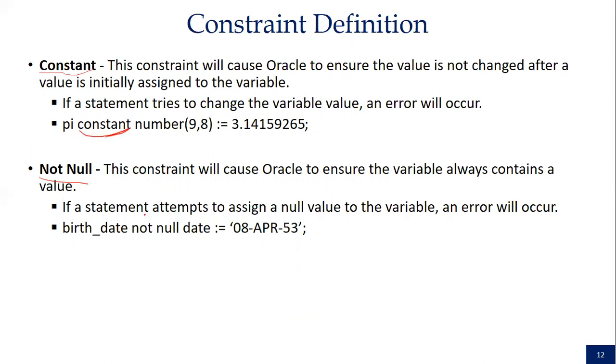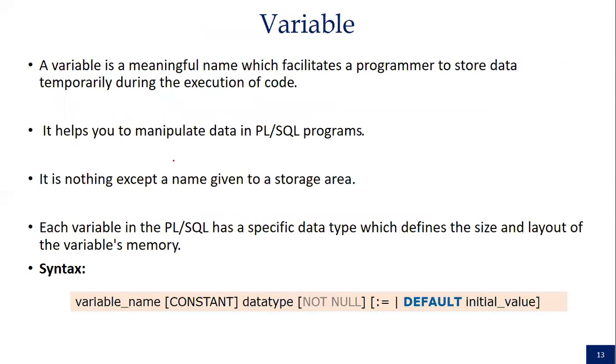And if you want to make it not null, it means whenever you assign a value, it is mandatory to provide a value. You cannot keep it as null, so that you can specify by specifying not null here. Is that okay? Okay, so how to write a variable in PLSQL, yes, we have to see. The syntax is that, first of all, you have to specify the variable name.